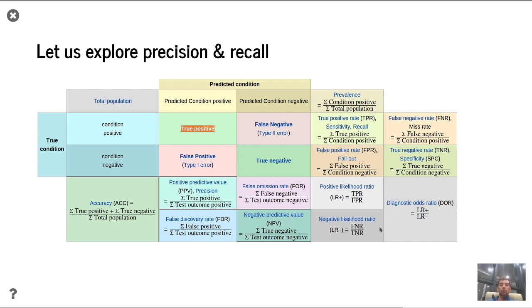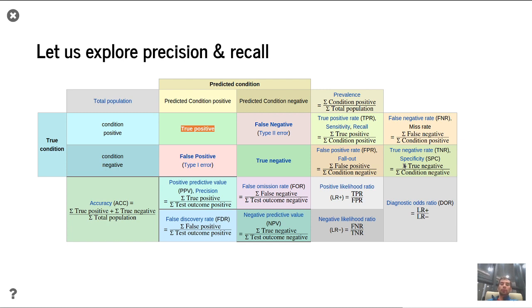Usually you need only 3 of these numbers. So in addition to accuracy, which is more or less simple, we need precision, recall, which also sometimes is called sensitivity, and specificity.